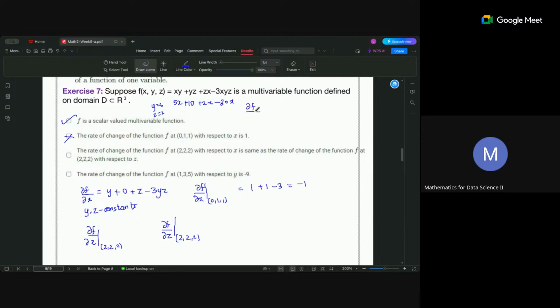For ∂f/∂x, you are not given any specific point here. So let us say at some point x naught, y naught, z naught. So this is d by dx of f of x, y naught, z naught. Instead of y and z, I am putting y naught, z naught. That's all. Clear?